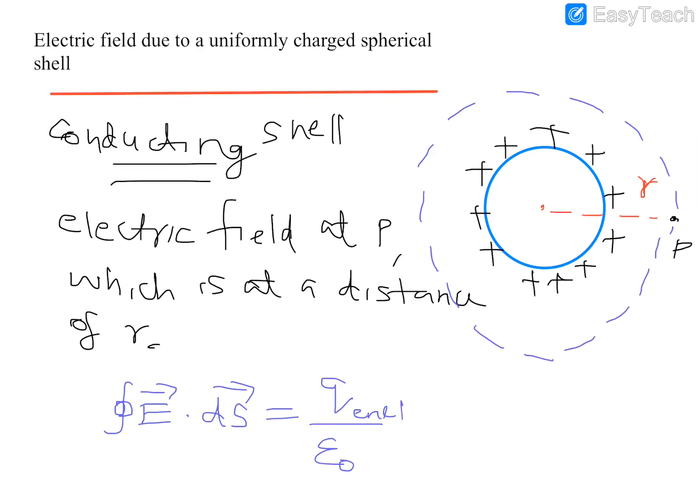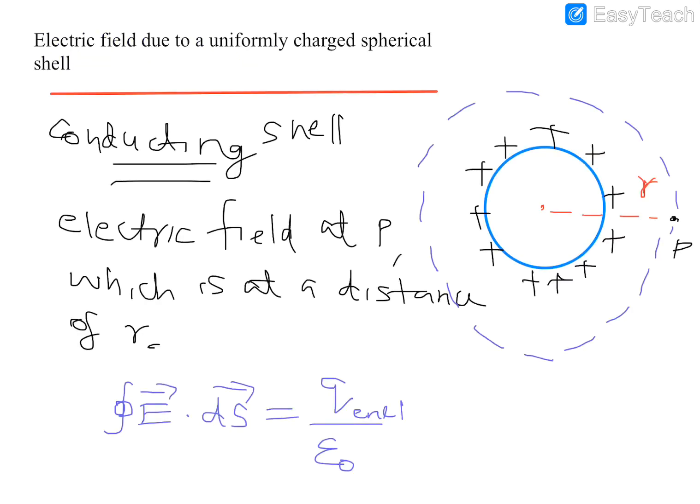This is Gauss's theorem, isn't it? Now let us find the left side of this equation, closed integral E dot ds. First let us find that, and then we can equate it to the right side.